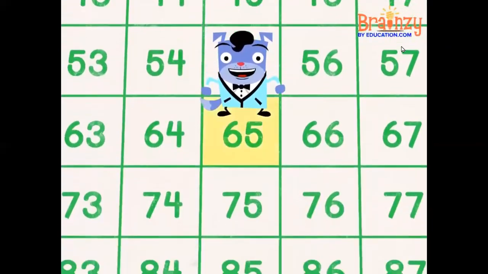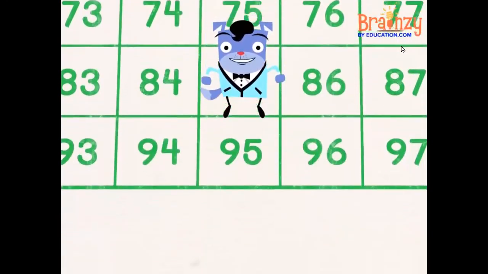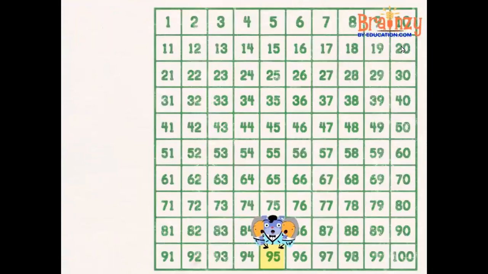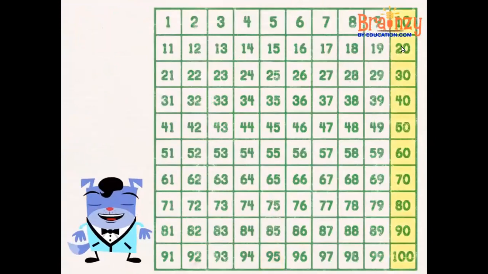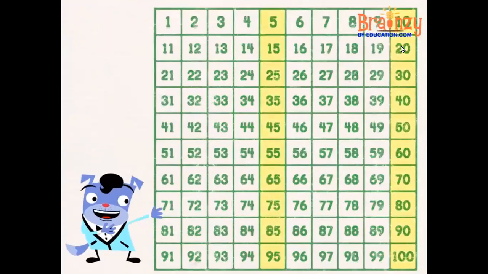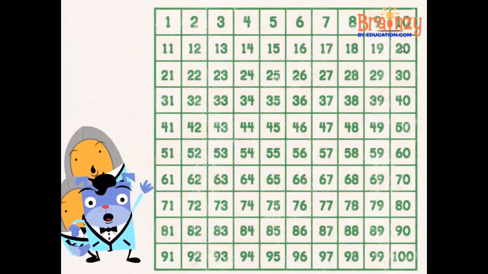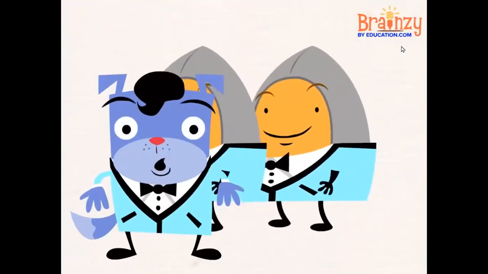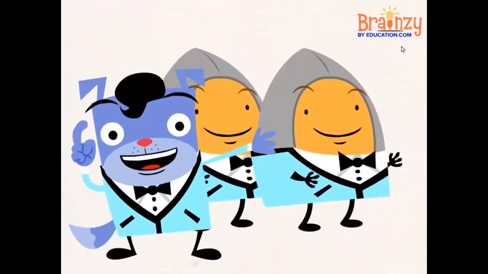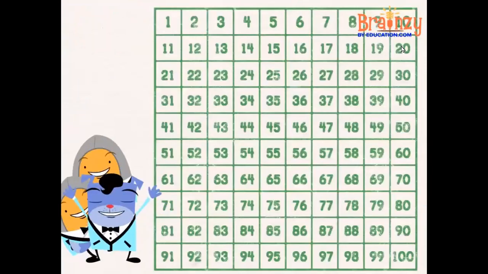Jumping down the column gives you 10 more than before. 10 by 5 or count by 2. Watch for patterns as they come in view. Now you know about the hundreds chart. Using it to count is just plain smart.